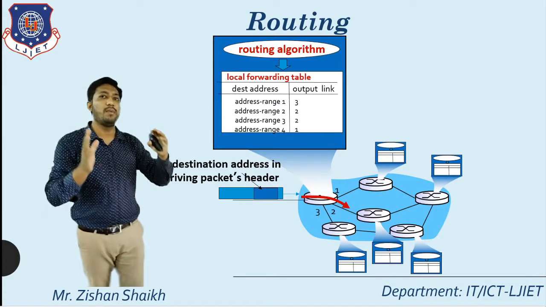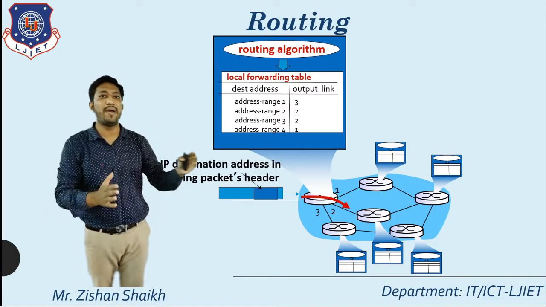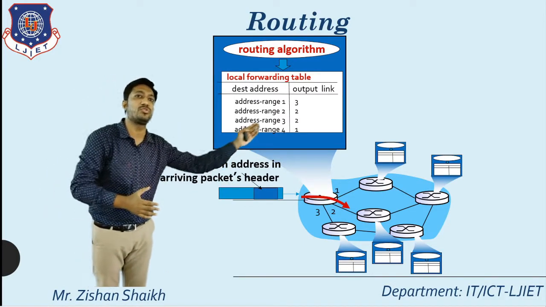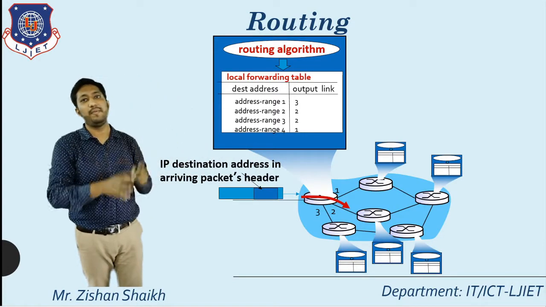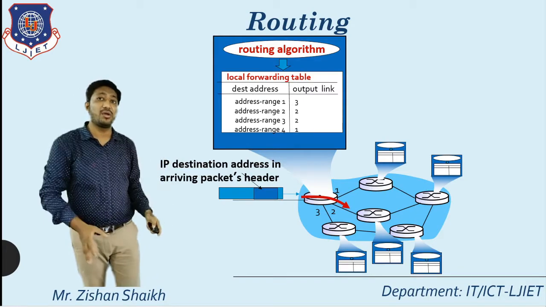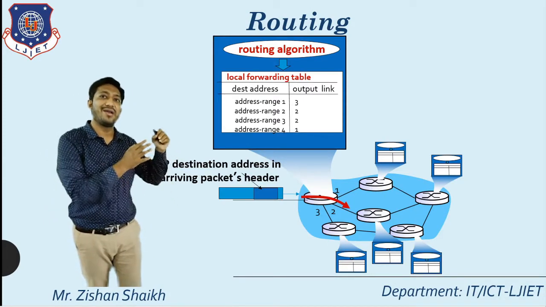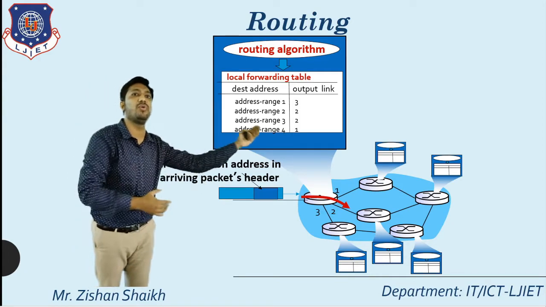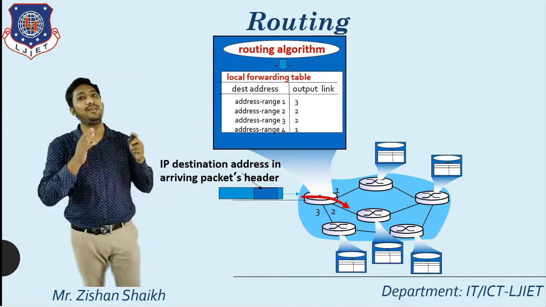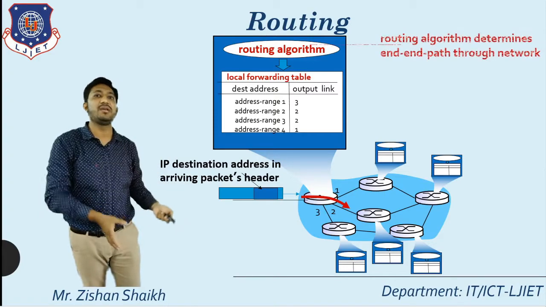Routing is all about how the packet moves from source to destination, and for that a routing algorithm is implemented. But how the data moves from one router to another, for that the router maintains forwarding tables.